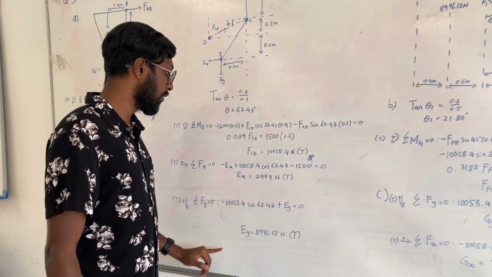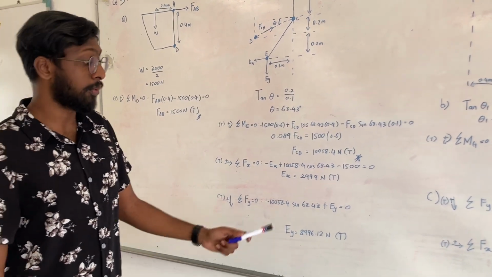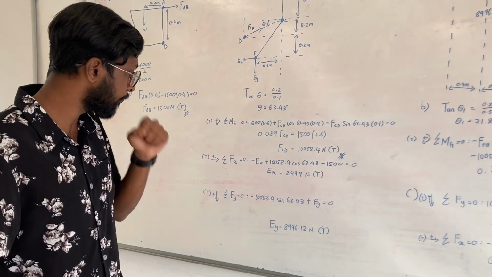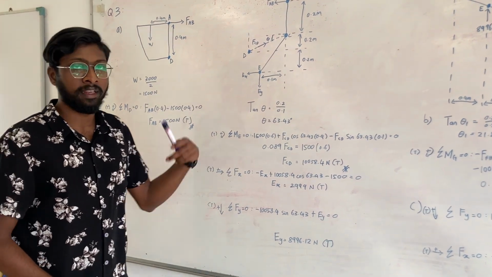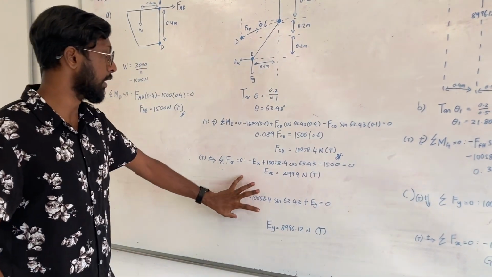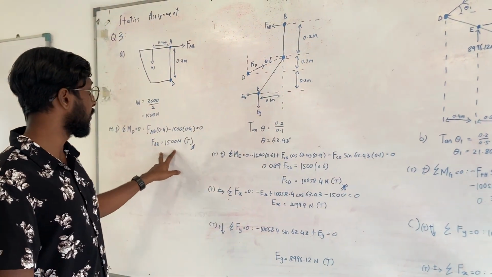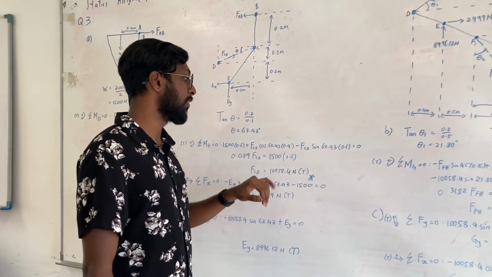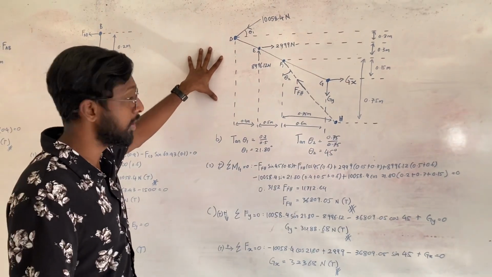Solve the equation and you will get Ey equals 8996.12 Newton in tensile force, and it is going outward. These two equations will be required in the next part. That is why we did it earlier. The answer for A is FAB 1500 Newton and FCD 10,058.4 Newton.